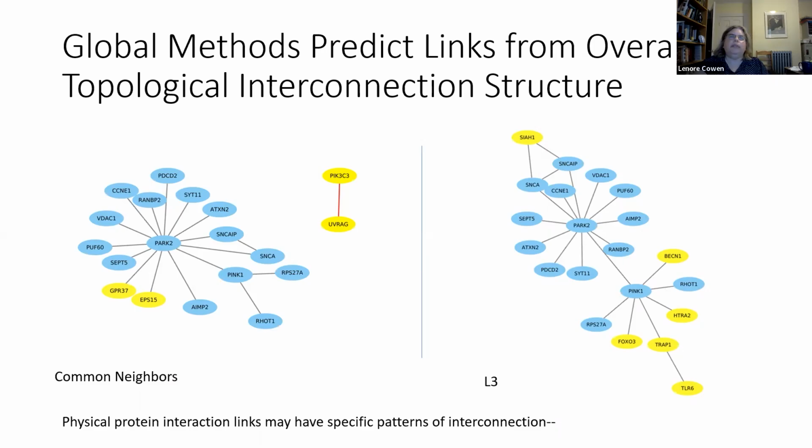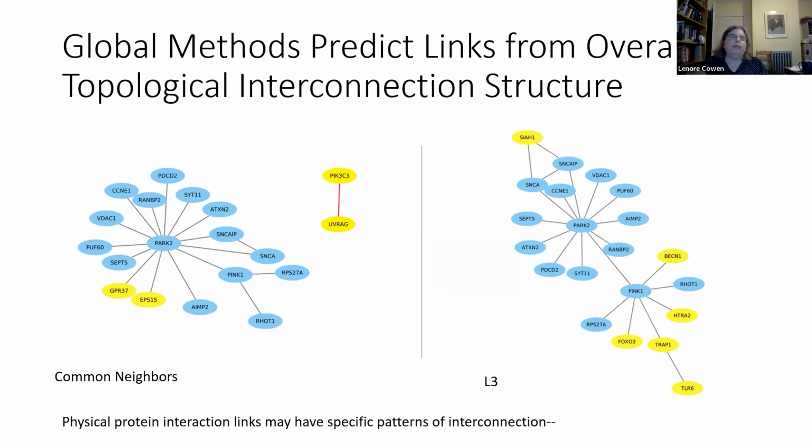This is highlighting the fact that which metric you use to decide which nodes are most likely to have links can actually affect very strongly what you do. And it can be different from what you might want if you're asking a different question, such as functional relatedness.